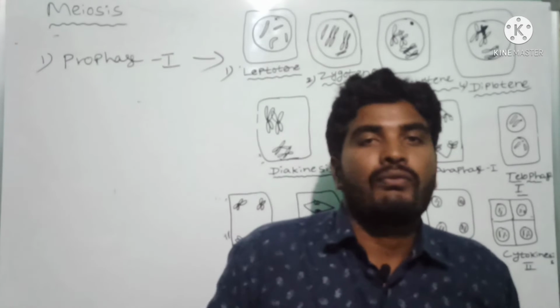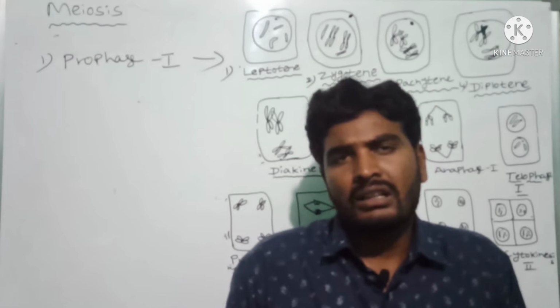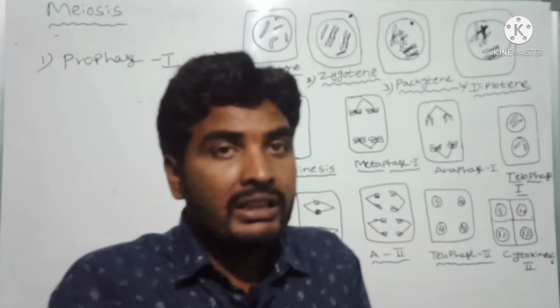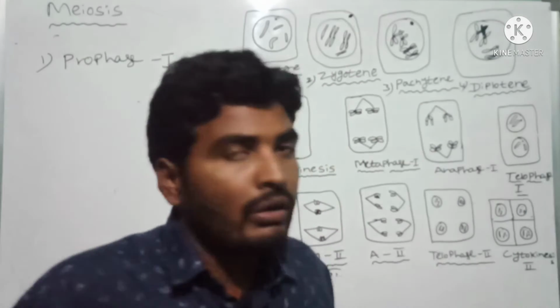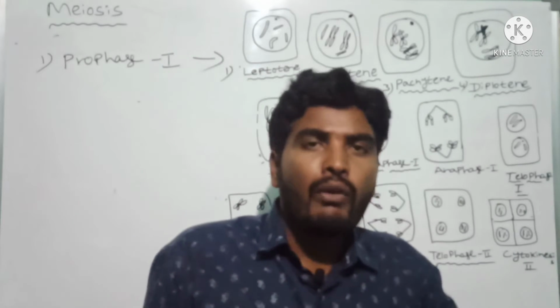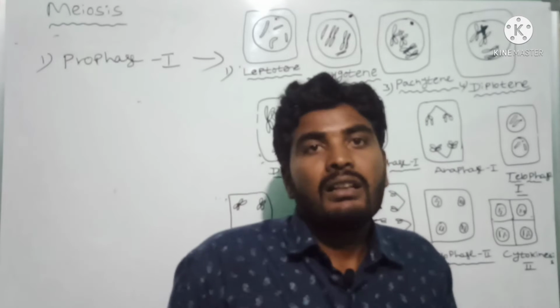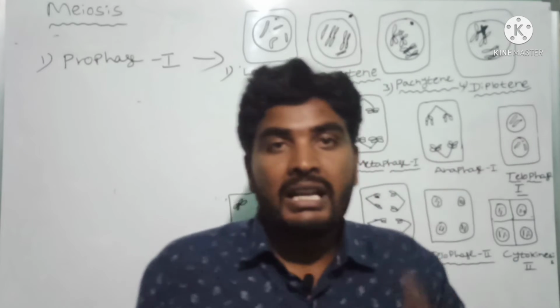Recombination nodules are formed. What is the use of these recombination nodules? When crossing over occurs between the non-sister chromatids, the recombination nodules are formed, with the help of the recombinase enzyme.